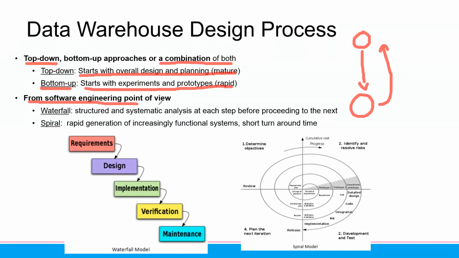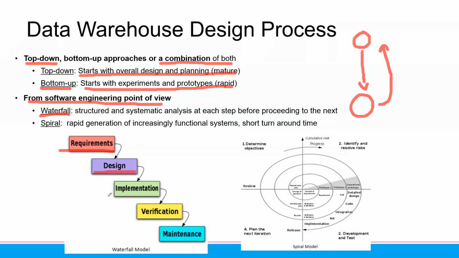And we can see this kind of design from software engineering. If you learned the software engineering concept, we have some design processes. The first is the waterfall, the most common design approach. First, we need to check the requirements. And after we know the requirements, we will design.